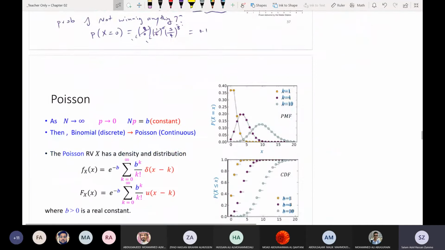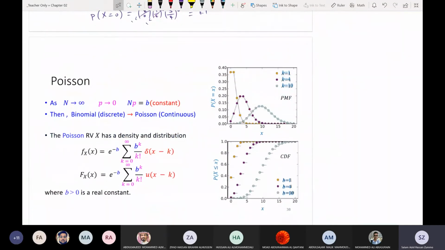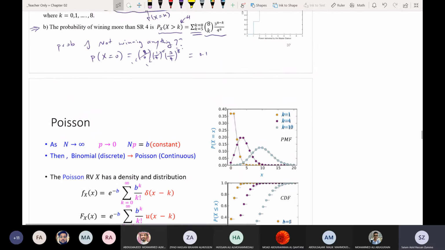Okay, the second random variable that is very important and you see it in many physical problems, especially networking problems for electrical engineering, is the Poisson random variable. The Poisson random variable is the limiting distribution of the binomial. They are related as follows.